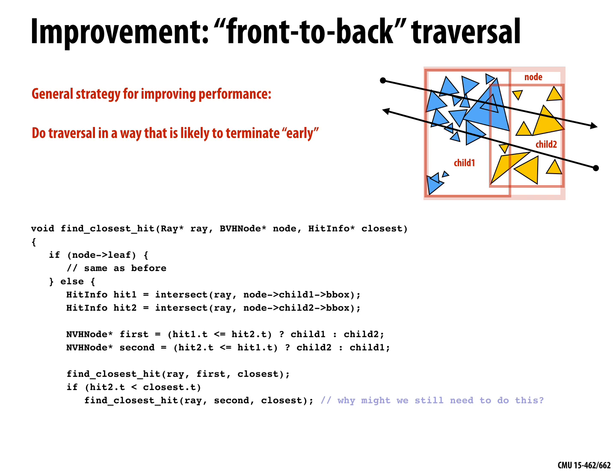If so, then we go ahead and traverse the second child. Okay? And that's that. So first question is, why do we still need to traverse the second child? We already know the bounding box of the first child is closer than the bounding box of the second child. So why do we even bother going into the second child?